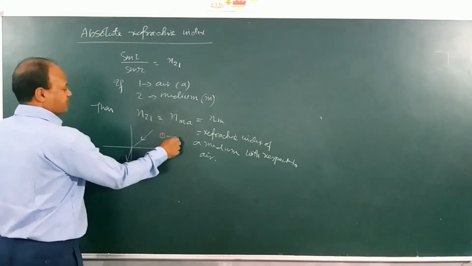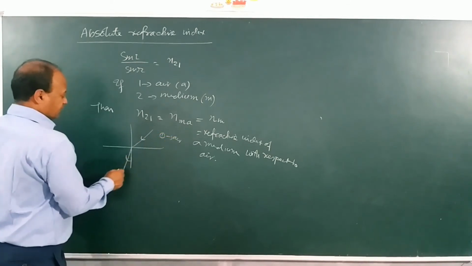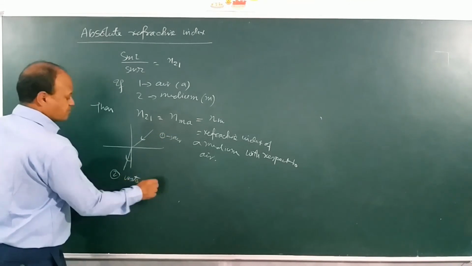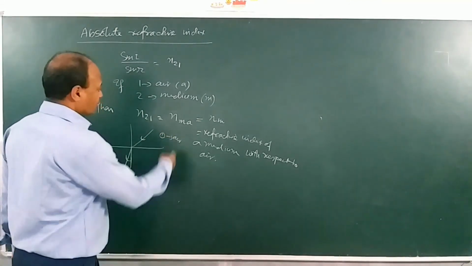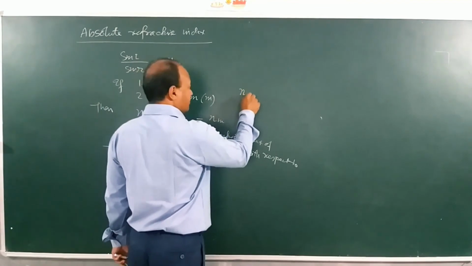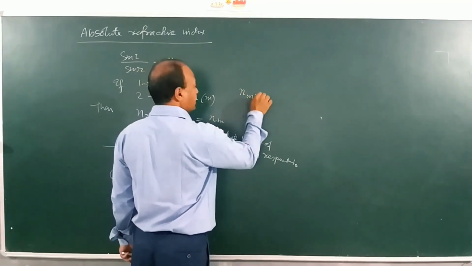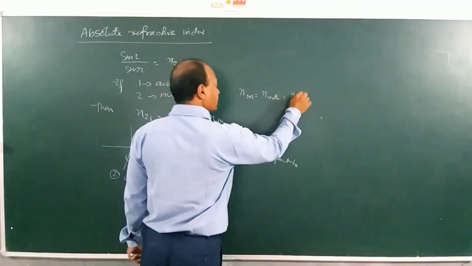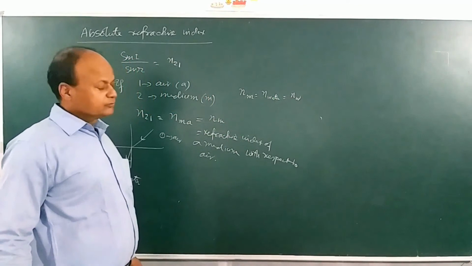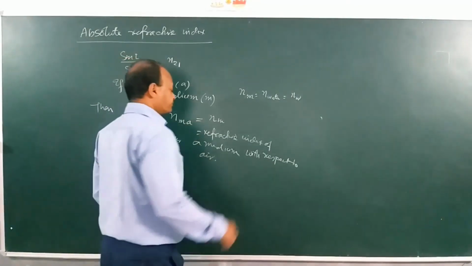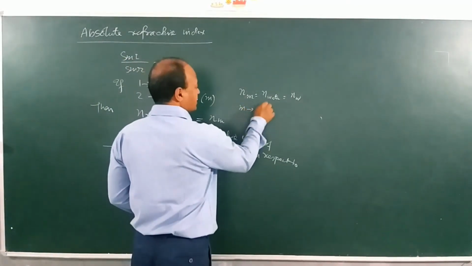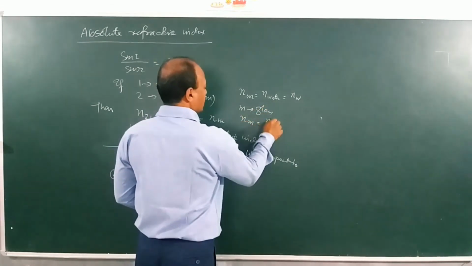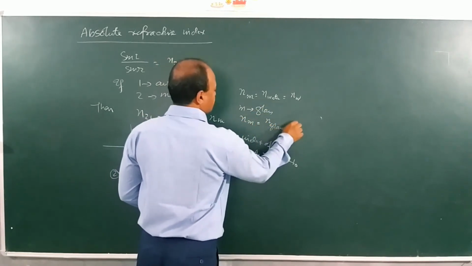One is air and this medium 2 is water. Then Nm will be N for water. We are just writing N for W. Suppose M is glass, then Nm will be N glass. Glass is written as Ng.